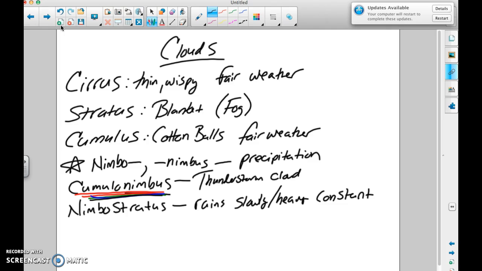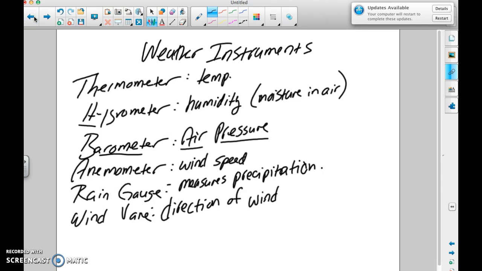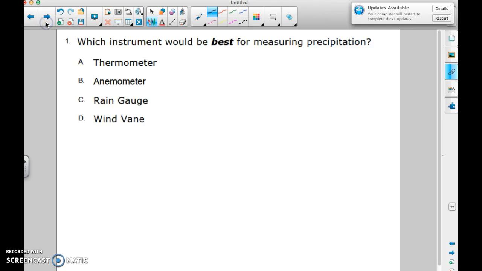Now, let's dig into some of the questions you might see on the test. Which instrument would be best for measuring precipitation? Now, I'm not going to flip back. You have your notes. I can go back to my instruments. I have them all here. A thermometer. I'm looking for precipitation. Thermometer measures heat. Anemometer measures wind speed.